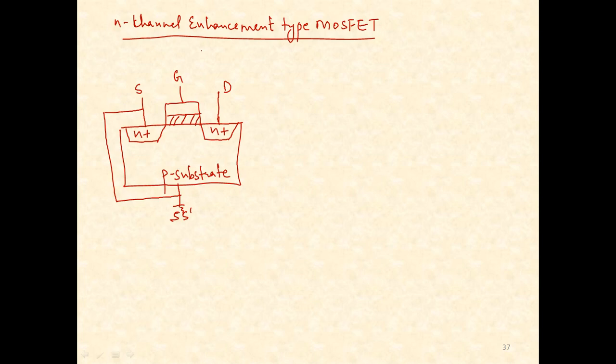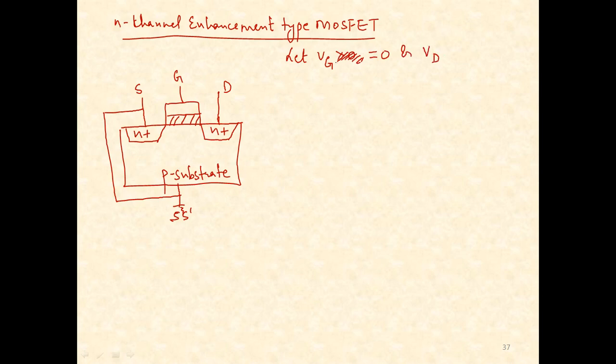So let us try to apply voltages at the gate as well as drain. Initially let Vg be greater than 0. We will try to understand what actually happens. Just a second. Let us initially assume that Vg is equal to 0 first.